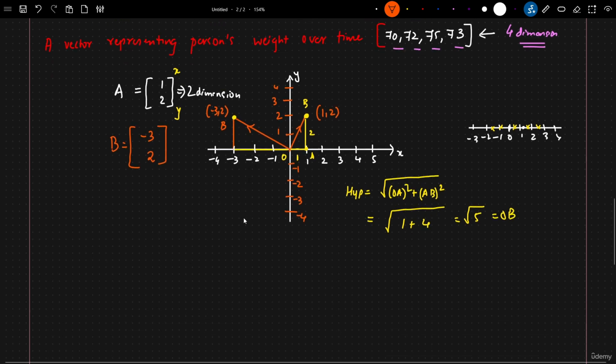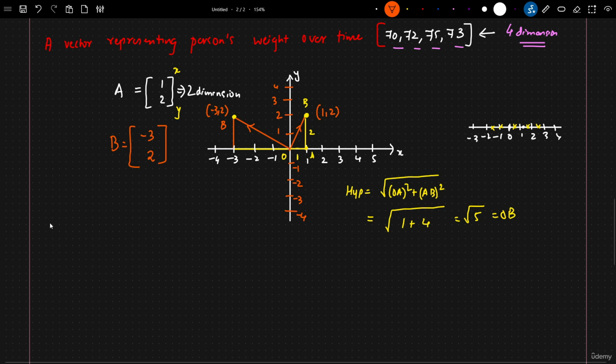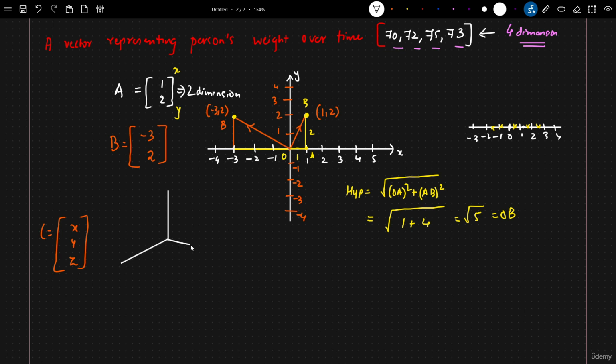Now, similarly, if you go ahead and see for 3 dimensions, let's say there is a C vector which is represented by X, Y, Z. Okay. Now, in this case, I definitely require a 3-dimension vector. So let's say this is my X coordinate, Y coordinate, and Z coordinate. So if I consider this X, Y, Z, right?